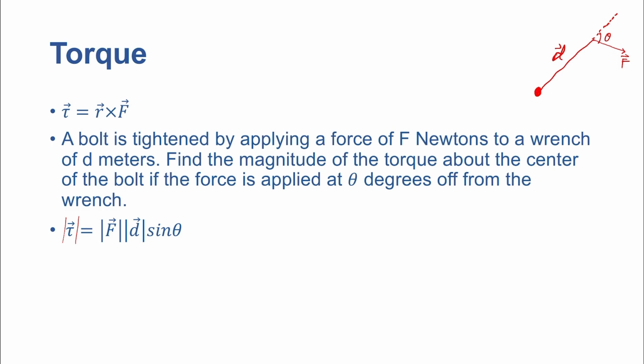Well, then I can use the relationship for torque and the angle between our two vectors, such that the torque is equal to the magnitude of the force times the magnitude of the distance times the sine of theta.